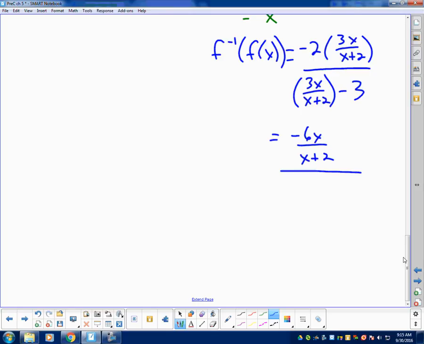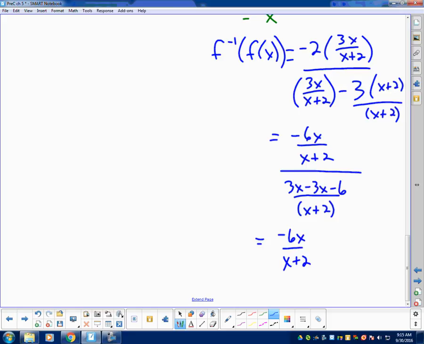Here I'm going to multiply by x plus 2 over x plus 2, the common denominator of x plus 2 on the bottom. On the top I have 3x minus 3x minus 6. Very similar process. So negative 6x over x plus 2 times x plus 2 over negative 6.